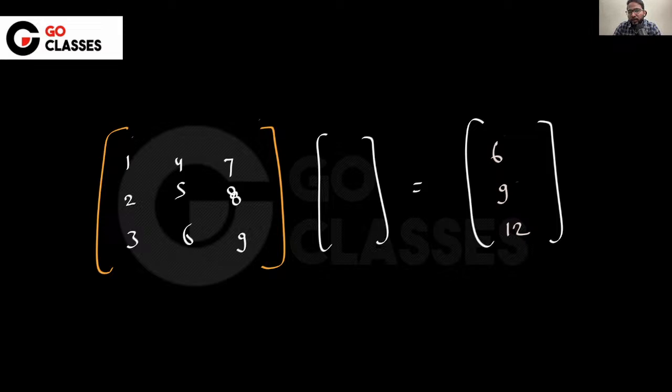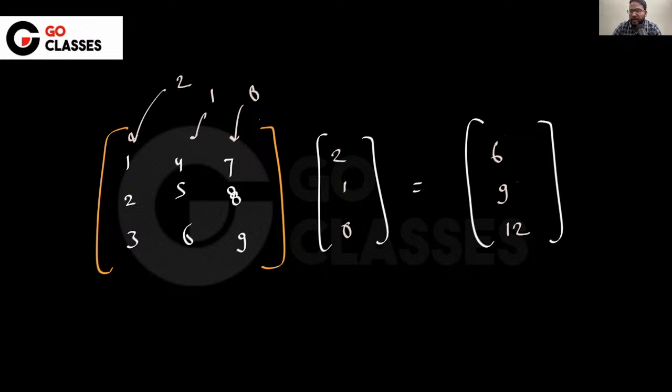See here, you need to pick 2 times of this, 1 times of this, and 0 times of this. If you multiply by 2, 2 plus 4 is 6, 4 plus 5 is 9, and 6 plus 6 is 12. So if you pick 2 times the first, 1 times the second, and 0 times the third, you will be writing 2, 1, 0, right? So yes, that is right.